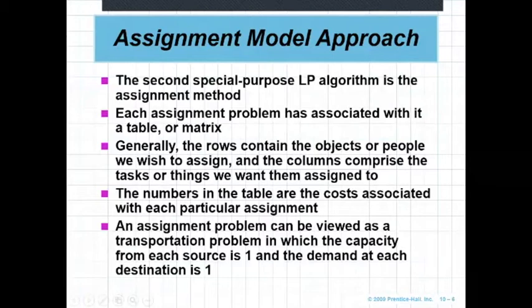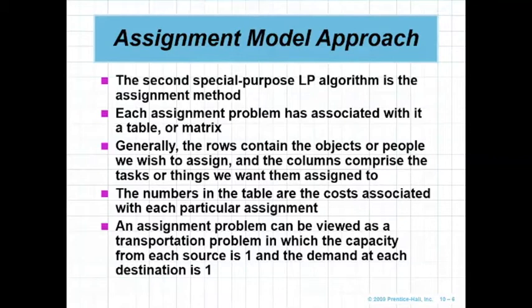Generally, the rows contain objects or people, while the columns contain tasks or things, and the number inside the table is associated with cost, profit, or any value related to the case.